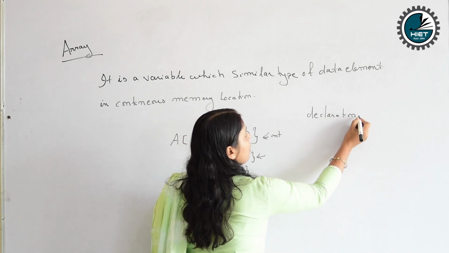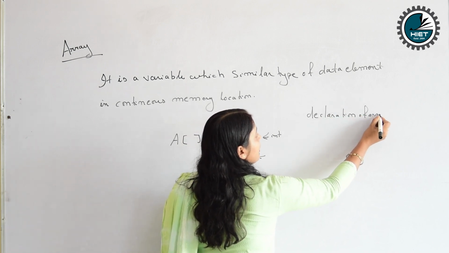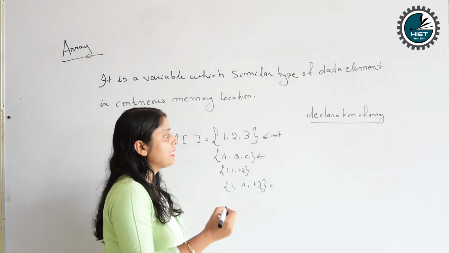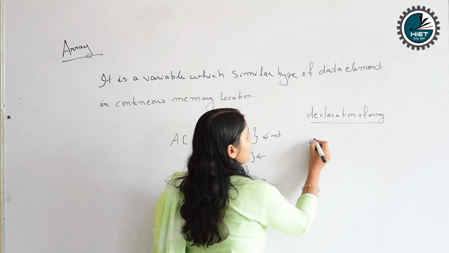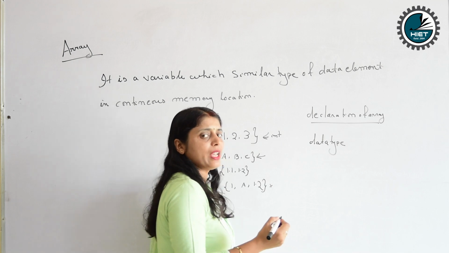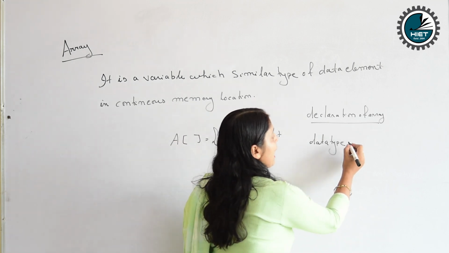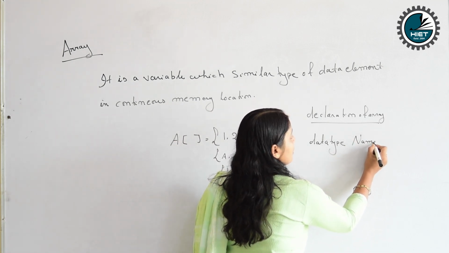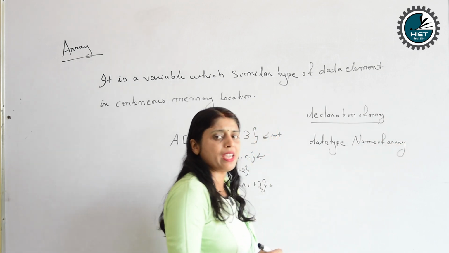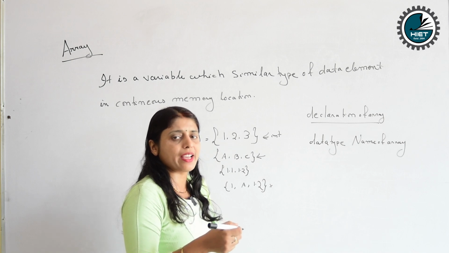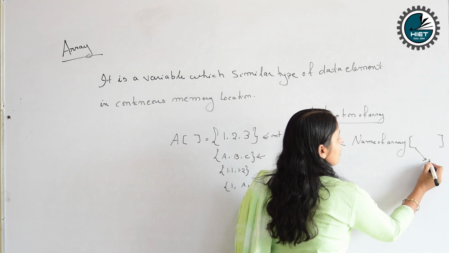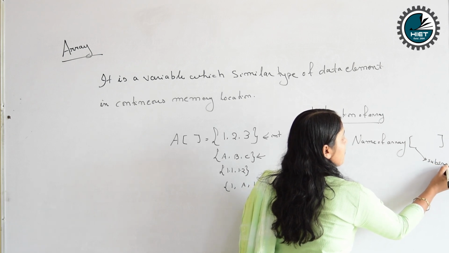Array can be declared by the following form. Declaration of array. To declare an array, we first have to mention the data type, which type of data we want. Then we give the name of the array. Then we have to specify the size of the array with the subscript symbol.